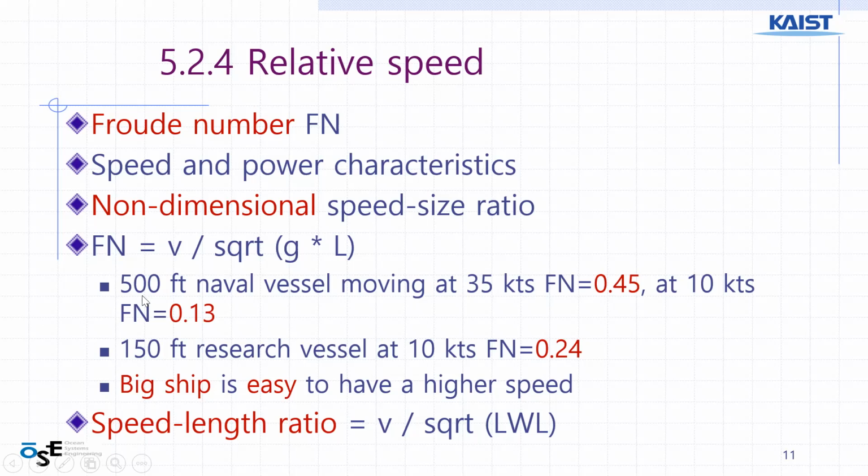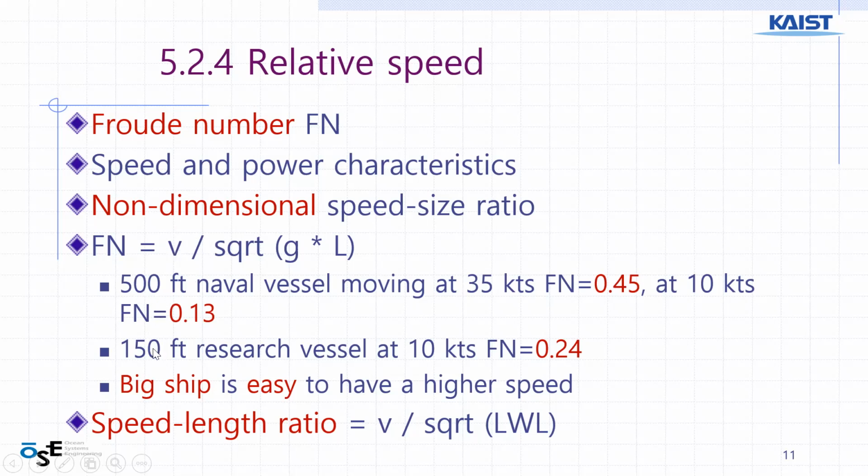A naval vessel moving at 35 knots, which is very high because it is a Navy vessel requiring high speed with a big engine, can be calculated as a Froude number of 0.45. If the same ship is at 10 knots, the Froude number is very small, because of the equation, the definition is here.